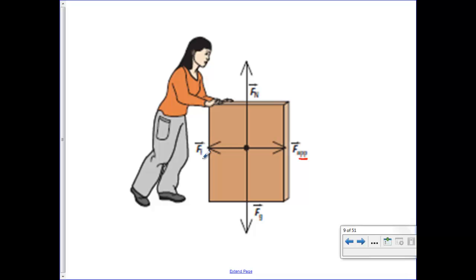Well, what's this thing back here? Yeah, friction, right? What happens if this box is not moving? What would that mean? It means that the applied force that you're pushing with and the frictional force are the same. Does that make sense? Imagine that there's a really heavy boulder in front of me, and I'm trying to push, and it's not moving.